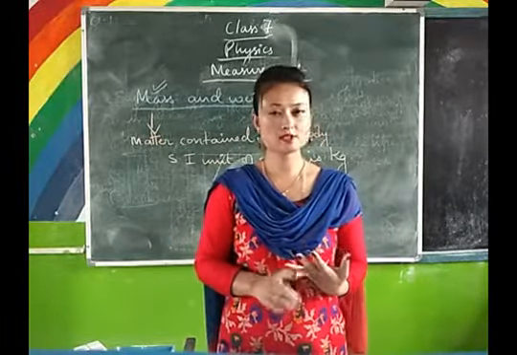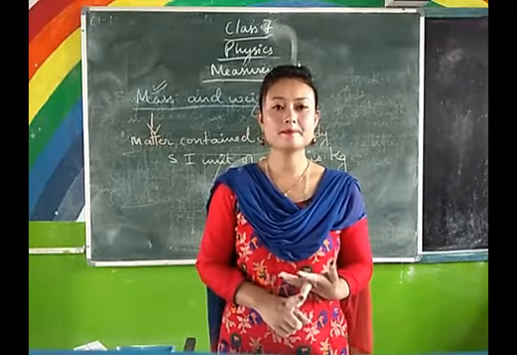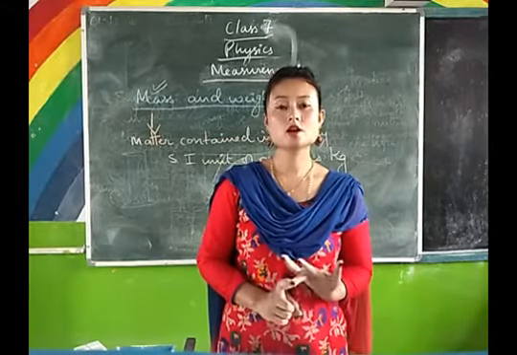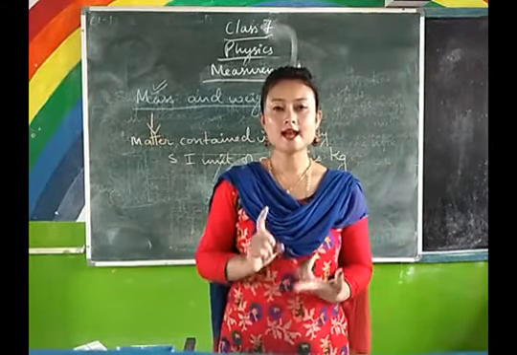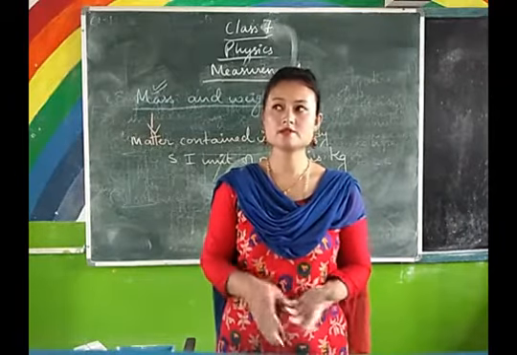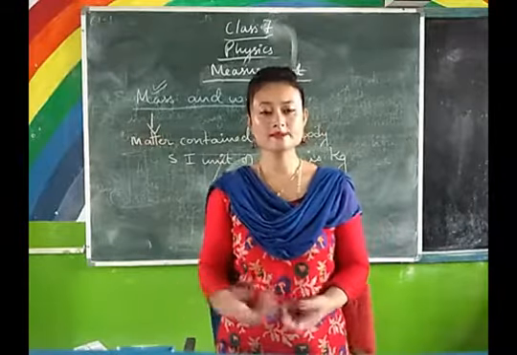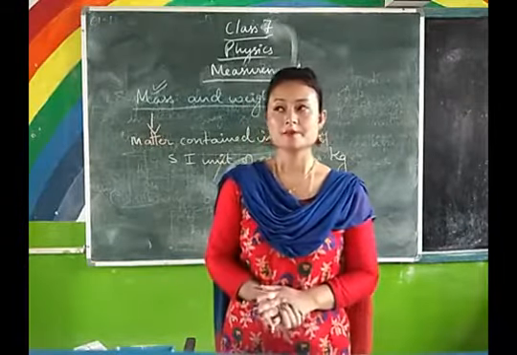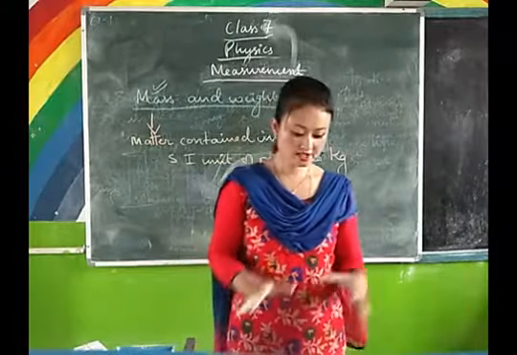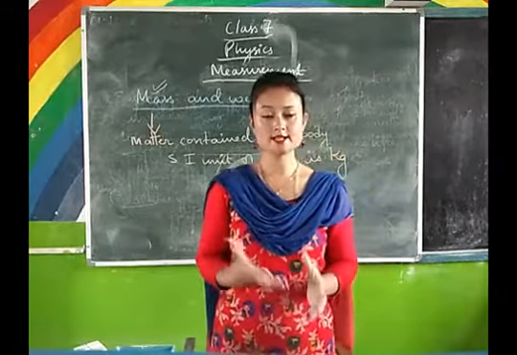Mass remains fixed, it does not change. Mass is measured by a beam balance, the instrument used for measuring mass, and the SI unit of mass is kg. That means every time you measure mass, it is measured in kg or grams or milligrams, but the SI unit would be kg. So these are the facts for mass, and we'll discuss weight in the next class.